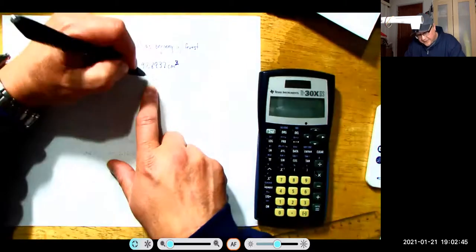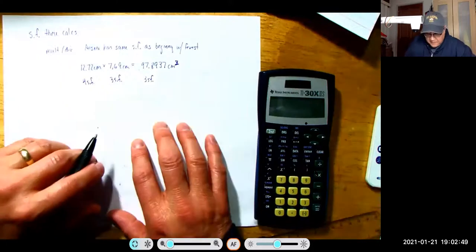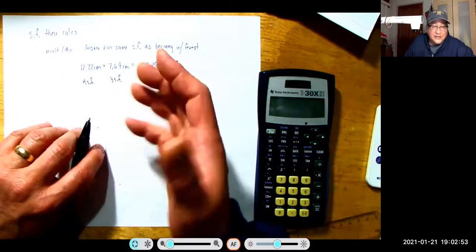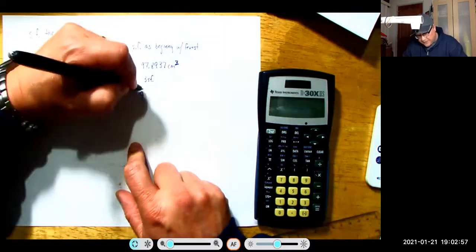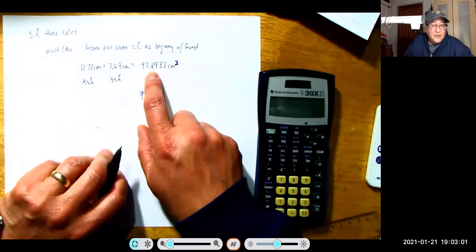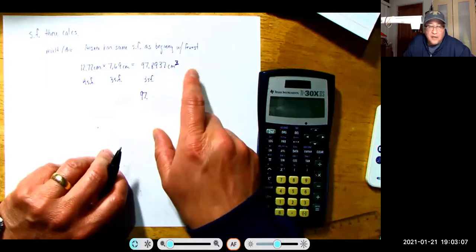3 sig figs. So when you are rounding a number, you want to keep the numbers that are to the left first, because that represents the size of the number best. So we're going to keep the 9, the 7, and the 8. But when we look at that 8, we want to look at the number to the right of it to decide if we're going to round up or round down.